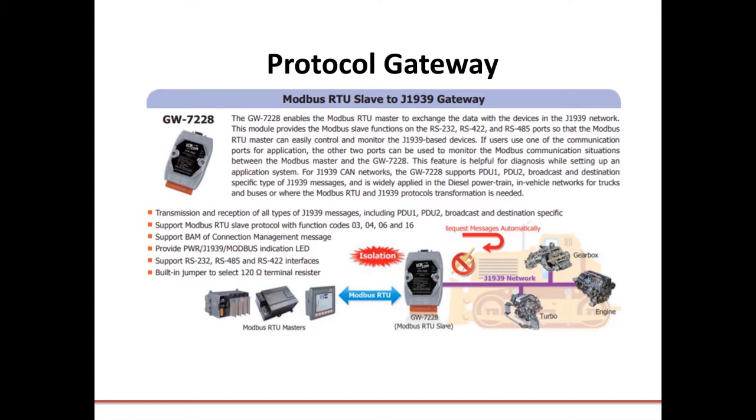And this module will convert the data from the J1939 protocol and put it into Modbus registers so you can more easily connect to your industrial hardware, whether it be a data acquisition system, a controller, a SCADA system, any hardware which can communicate using Modbus RTU can be used with this gateway to read data from the J1939 bus.